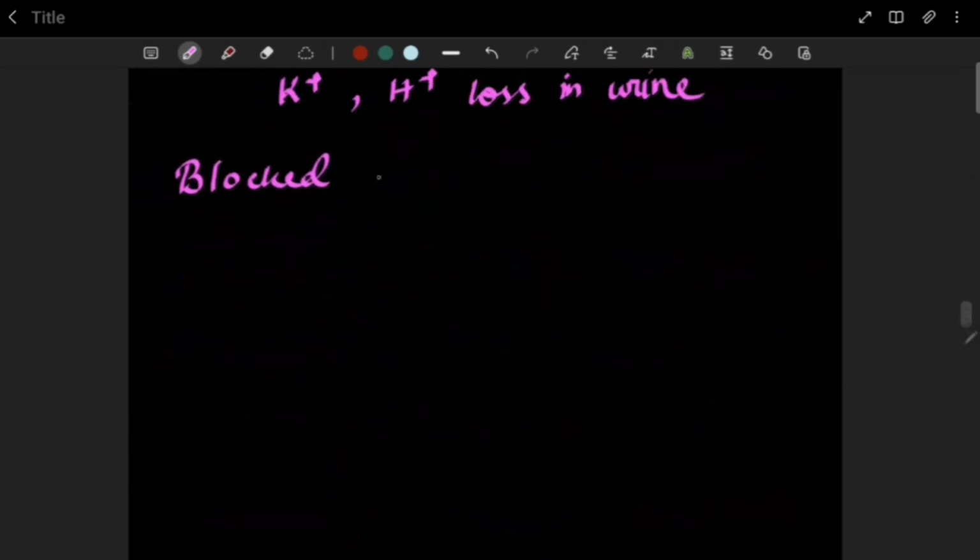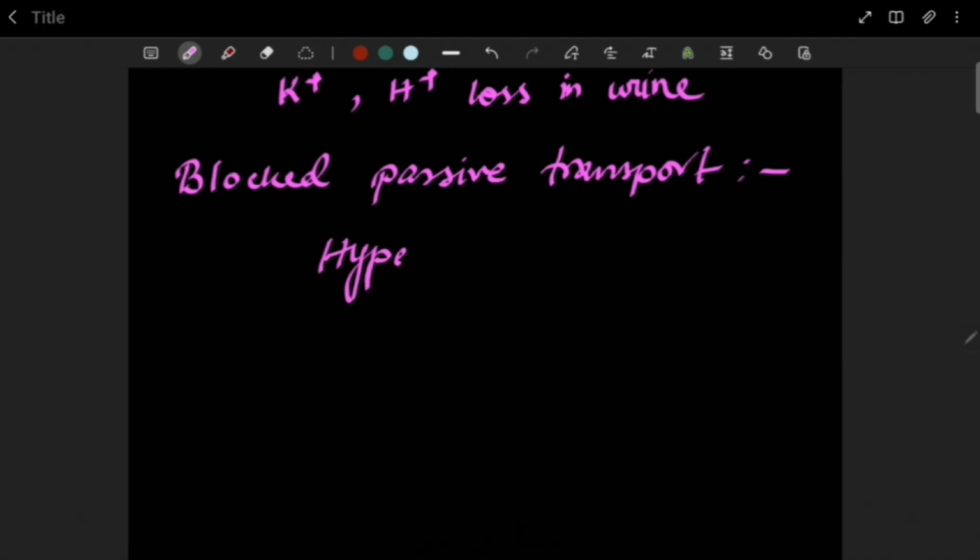So blocked passive transport of calcium and magnesium ions will lead to hypercalciuria, which predisposes to stone formation.